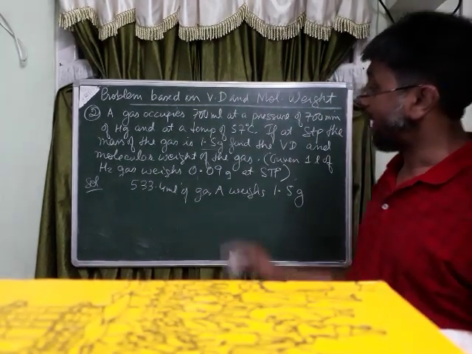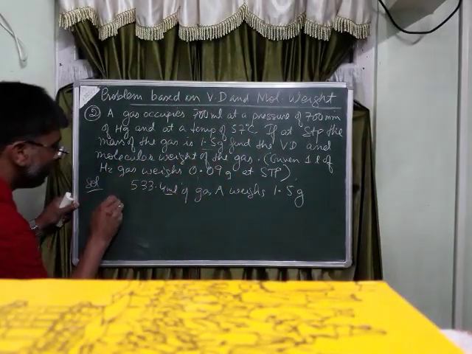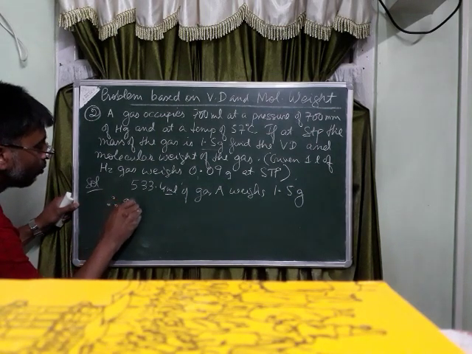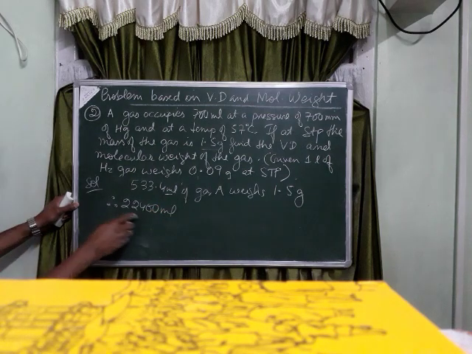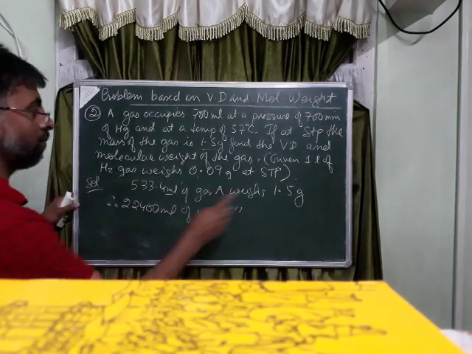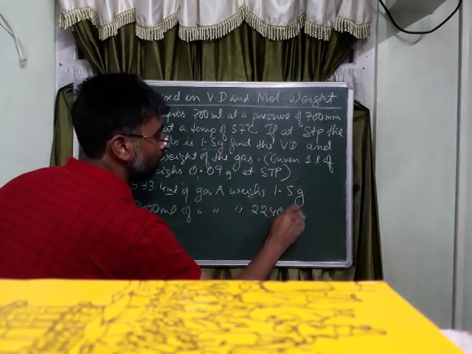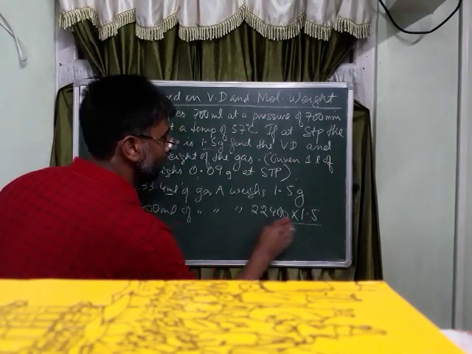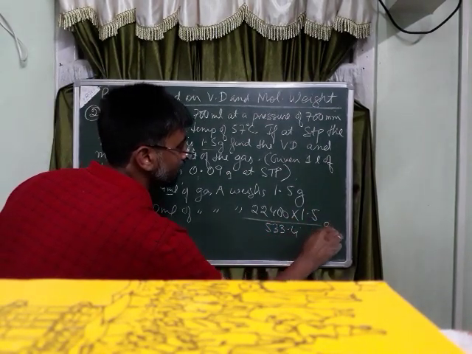Now, the standard molar volume for any gas in milliliter is 22,400. So I write 22,400. Therefore, 22,400 milliliter of gas A will weigh 22,400 multiplied by 1.5 divided by 533.4. I'll get the answer in grams.